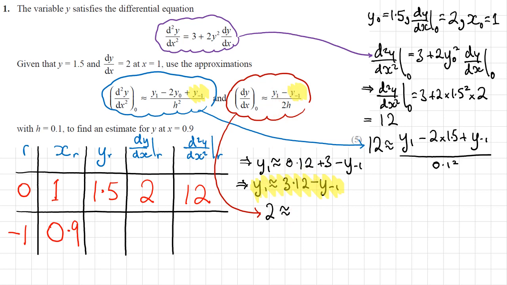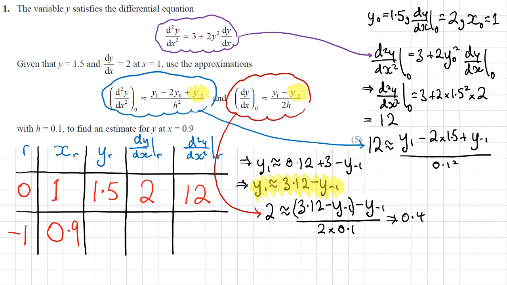So that's going to be 3.12 minus y sub minus 1, and then minus y sub minus 1. So this bit here in brackets, that's the substitution. All over 2h, so that's 2 times by 0.1. So let's see what we get with this. So if I do 2 times by 2 times by 0.1, that gives me 0.4.